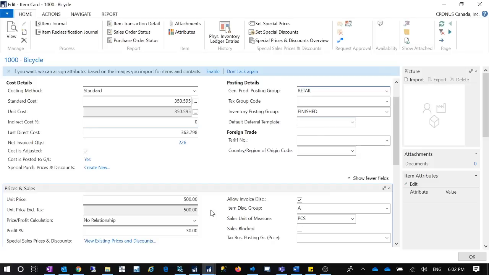You have to put in more effort, because you want to be able to edit both the profit percent and the price, but then you have to calculate manually to see what the percentage is after you change the other field. So in most scenarios, people will not select No Relationship.